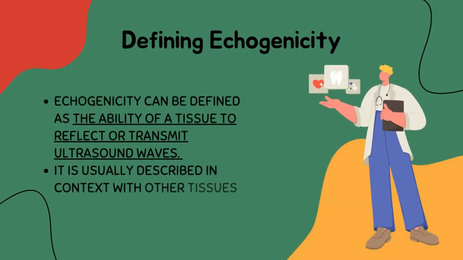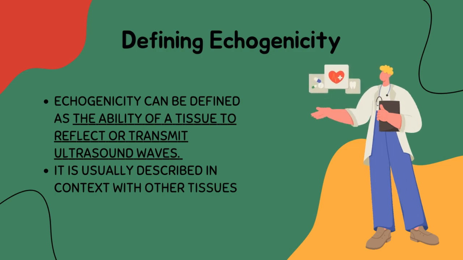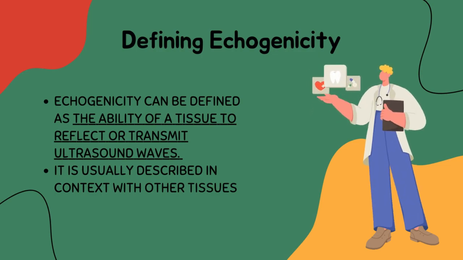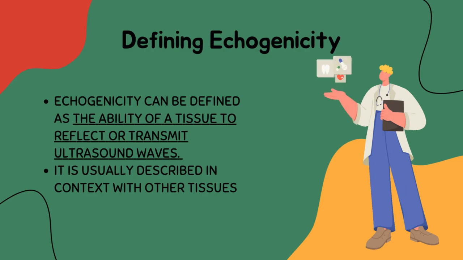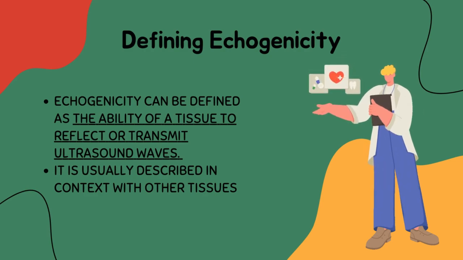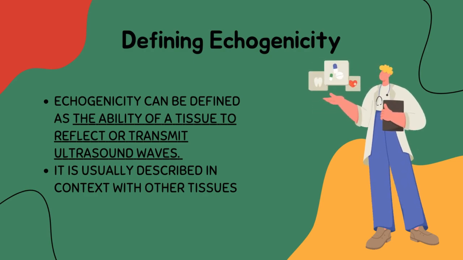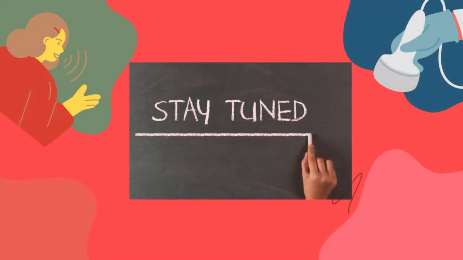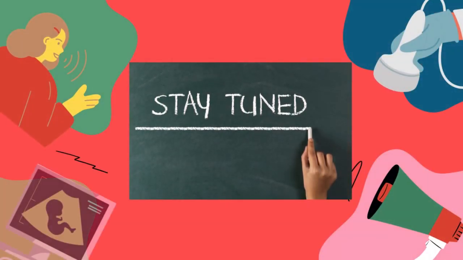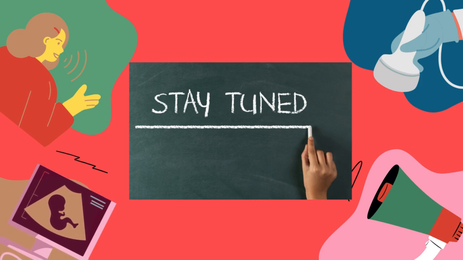Echogenicity can therefore be defined as the ability of a tissue to reflect or transmit ultrasound waves. Note that it is usually described in context with other tissues. Stay tuned to learn the four main appearances of tissue echoes within the echogenicity spectrum in the next video.